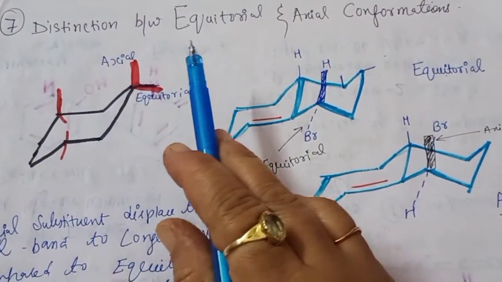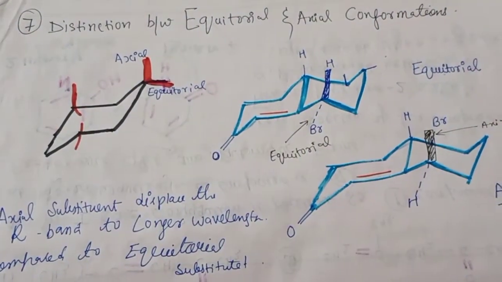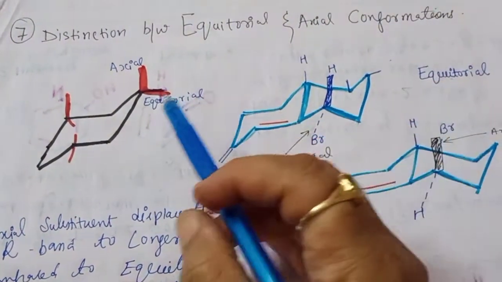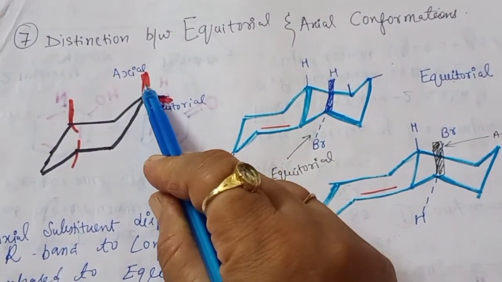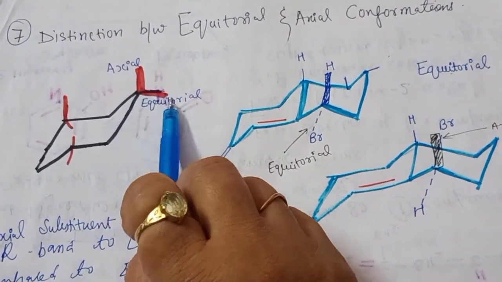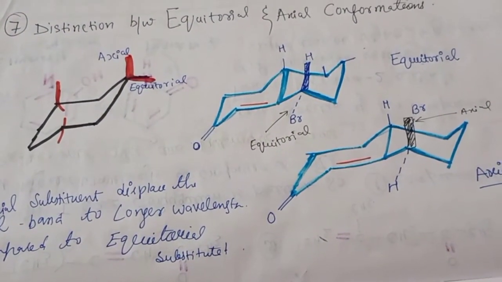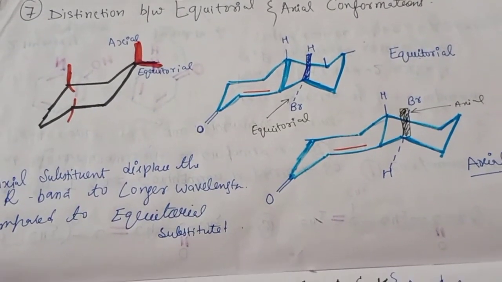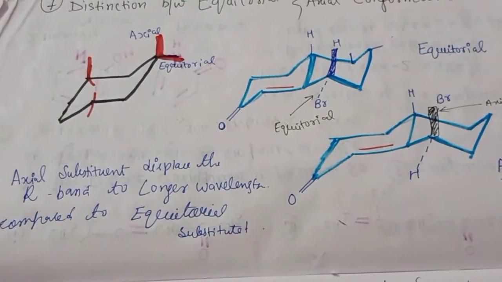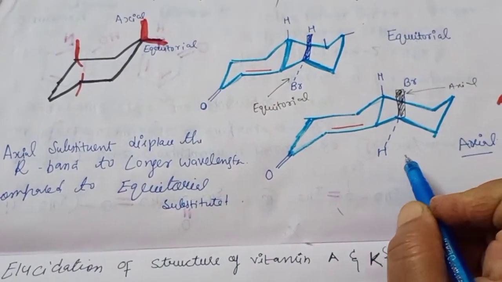Distinction between the equatorial and axial conformations. When you study conformations, you remember the eclipsed conformations. When we are talking about cyclohexane, there were axial and equatorial. What is axial? When it is perpendicular, 90 degrees, when you draw a straight line, and what is equatorial? When it is a little bit oblique. So how can we distinguish between equatorial and axial conformations? Here we have taken two examples. In the first example, the bromine group is placed at the equatorial position and here it is present at the axial position.